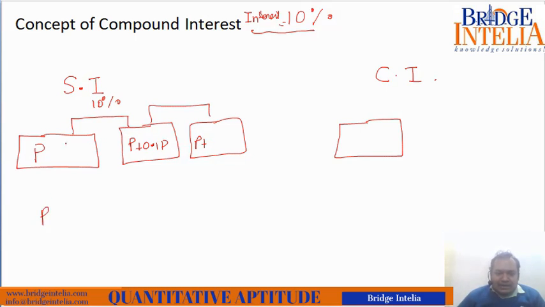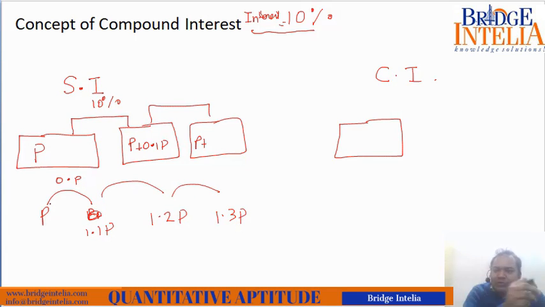We are talking only of simple interest. So each year 0.1P will get added, so this will become 1.1P. Next year it will become 1.2P. After that it will become 1.3P. That means each year the same amount is added.